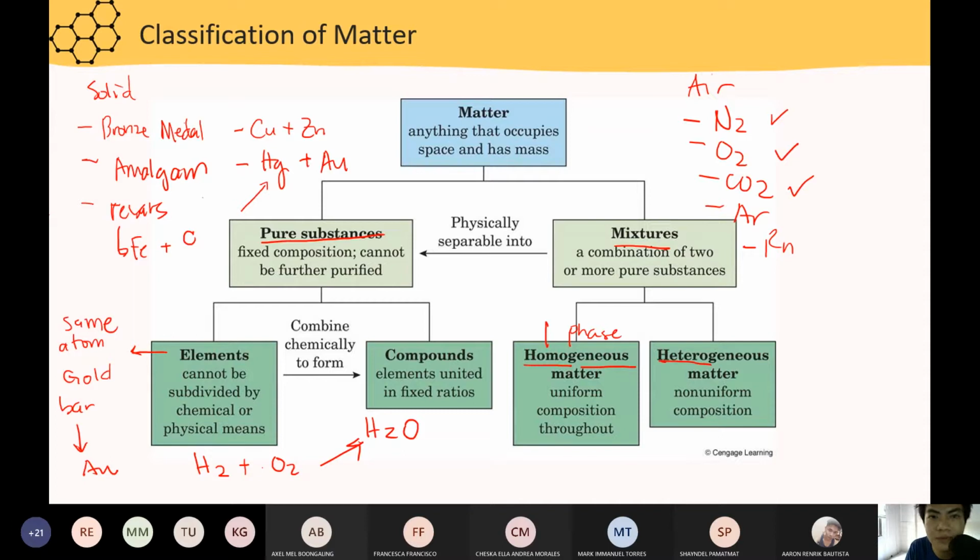Elements are the same atoms all throughout your sample. However, when you combine atoms, you form molecules, and that is called a compound. Compounds are a combination of different atoms. And going back to mixture, if your sample looks the same all throughout, that means it's a homogeneous mixture. Otherwise, it's called a heterogeneous mixture. That's basically it.